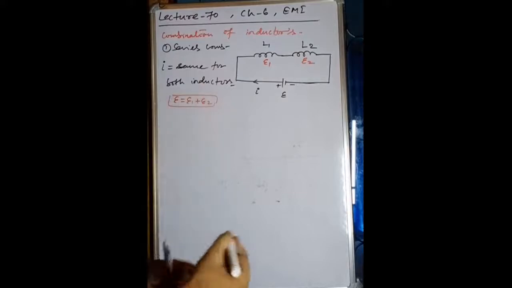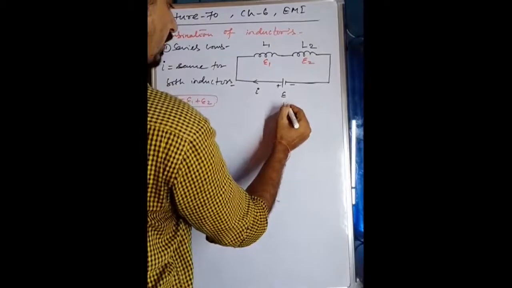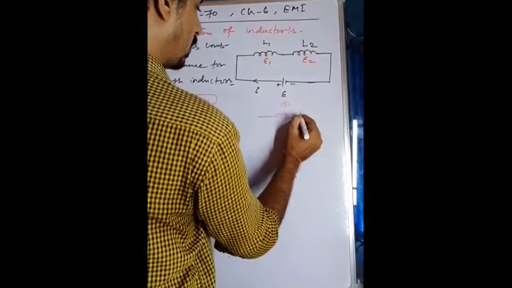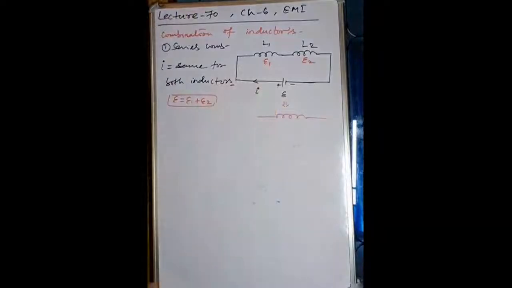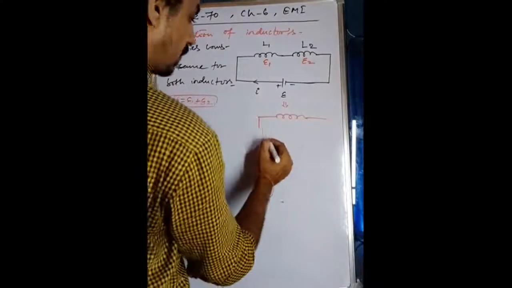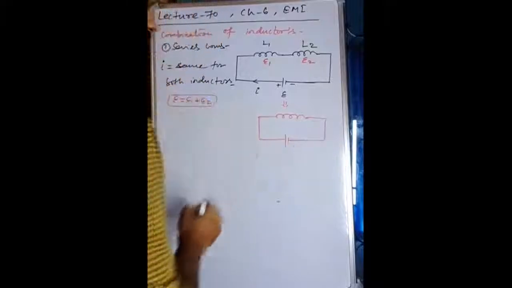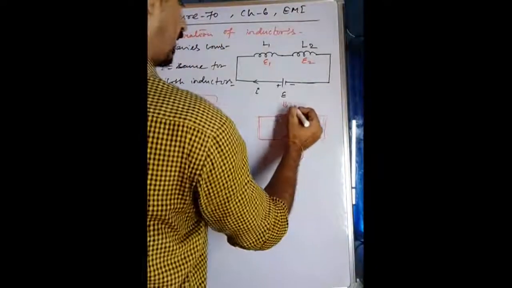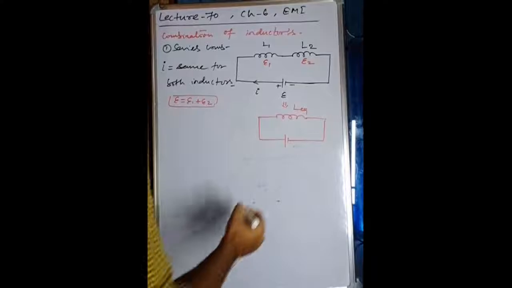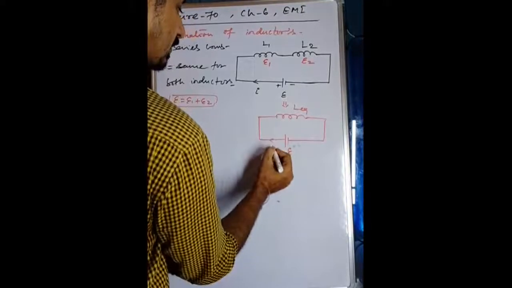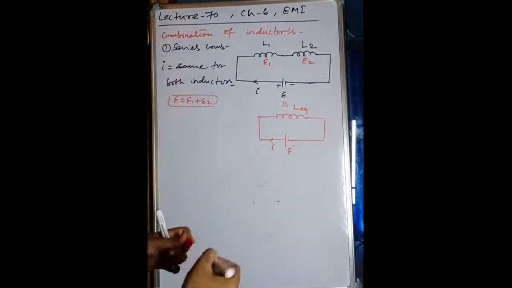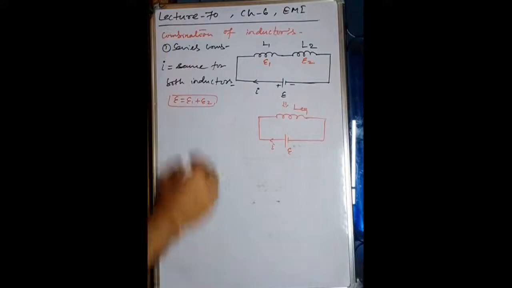My dear students, if we could arrange one inductor on behalf of these two inductors, then what will happen? The total EMF will be compensated by this inductor only. Suppose the inductance is L equivalent. Here the EMF and the same current, this inductor will also draw from the battery, the source.